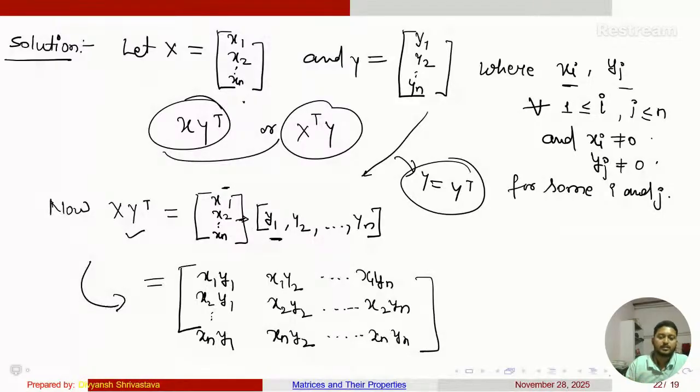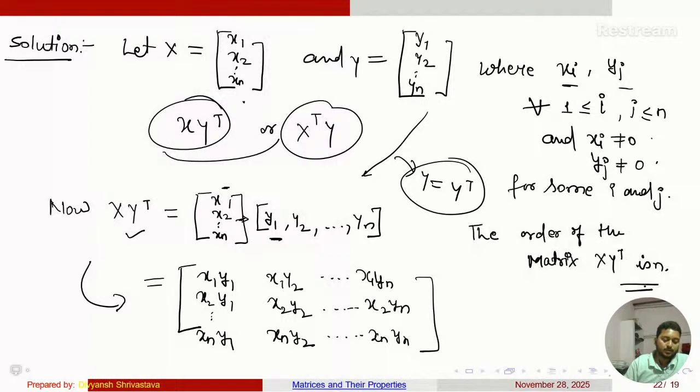The order of the matrix x y transpose is n.